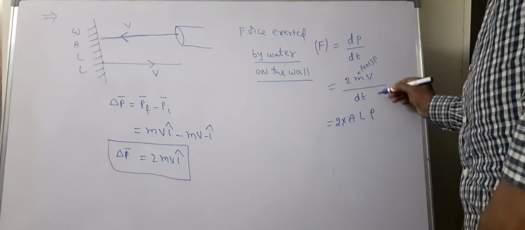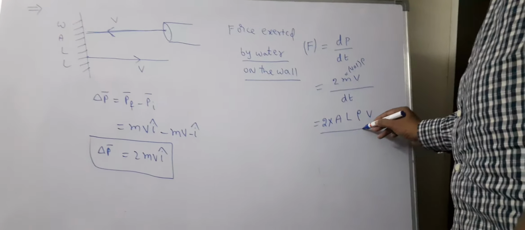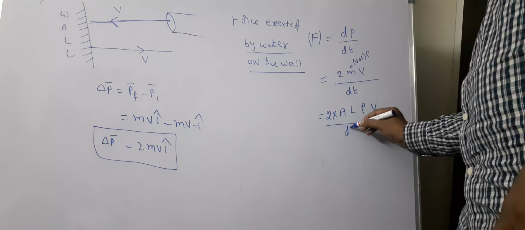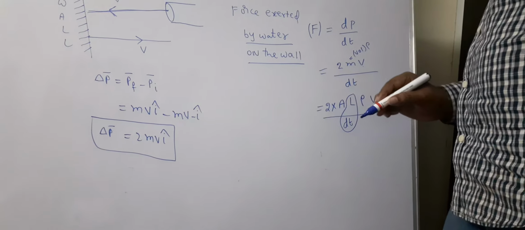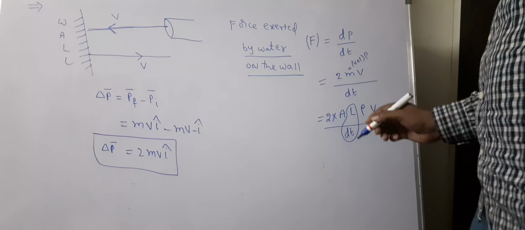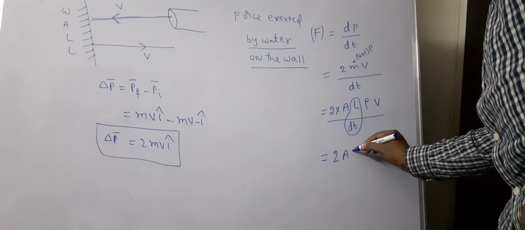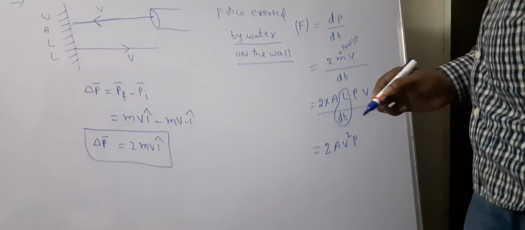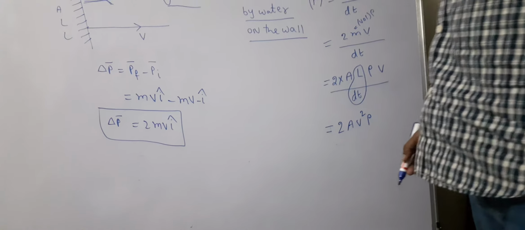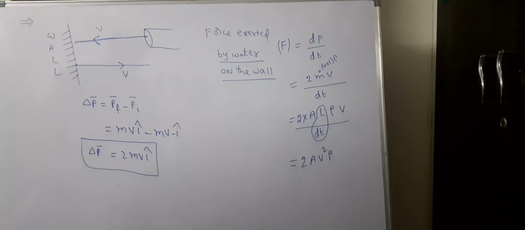Distance traveled by the water per unit time is called velocity. Simply, 2A v into v, so 2 A v squared rho. This is the formula for force exerted by the water on the wall.